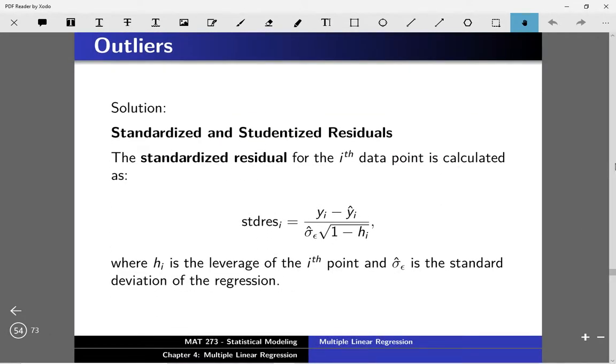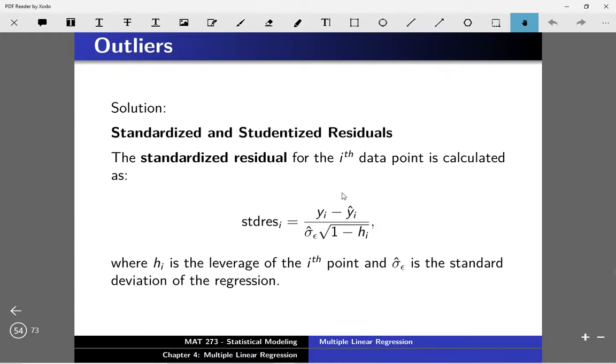But people have, not surprisingly, proposed a workaround for this problem of observations potentially being problematic. Like we have the leverage values, the H sub i's, to assess that, we have these standardized residuals. For the ith data point, we calculate it in this way.